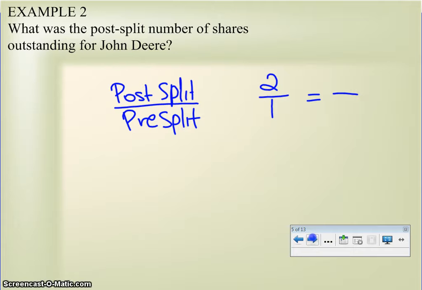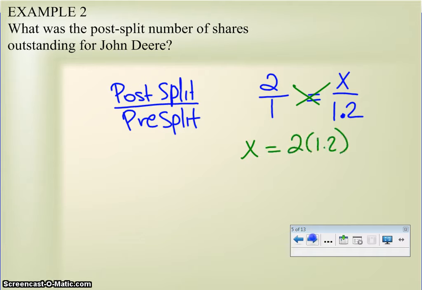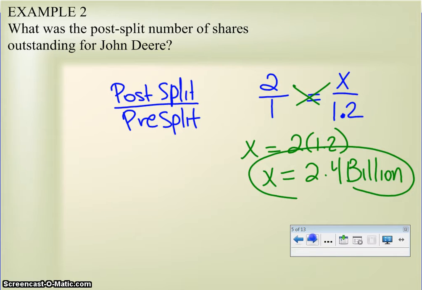And we know that pre-split there were 1.2 billion shares. So now we're trying to find post-split what it's going to be now. Basic cross multiplying here. X equals 2 times 1.2. So X, there will be 2.4 billion shares once they do the stock split.